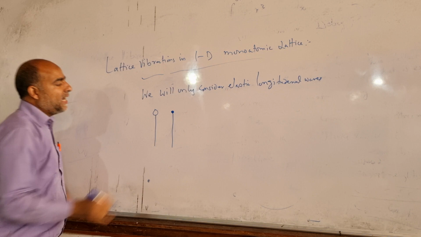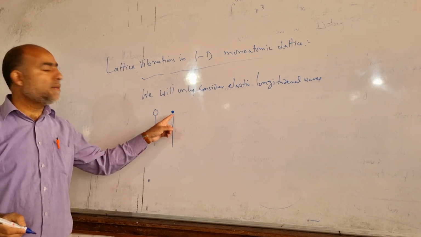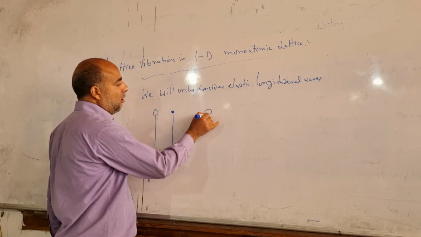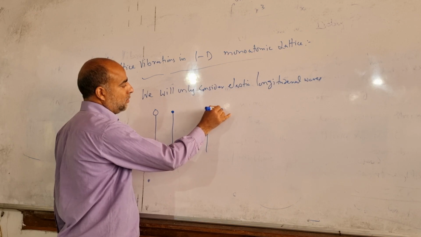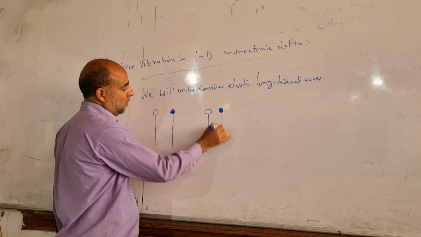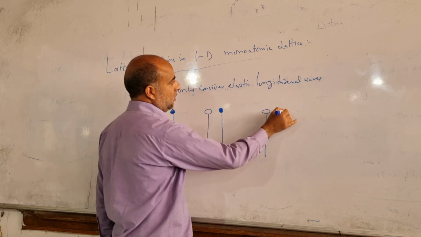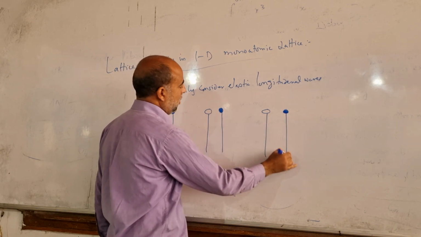So one is a hollow circle, an empty circle, another is a blue dot, then again a hollow circle, then a blue dot. Then again a hollow circle, then a blue dot.